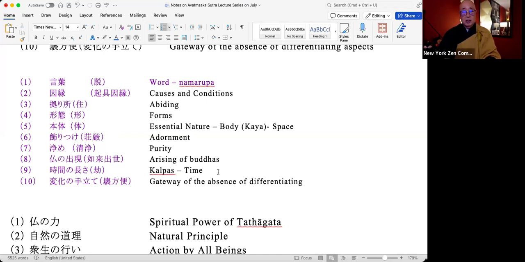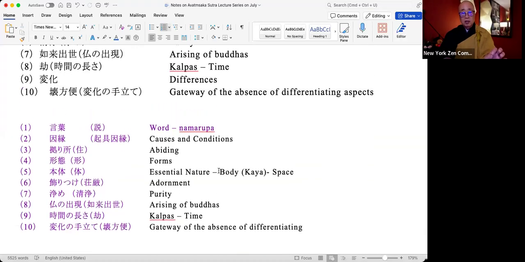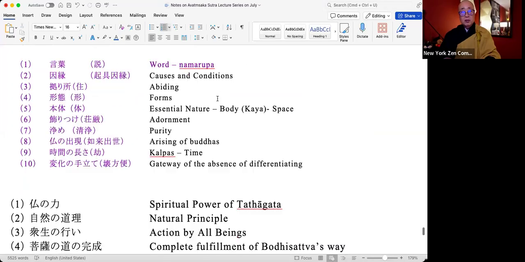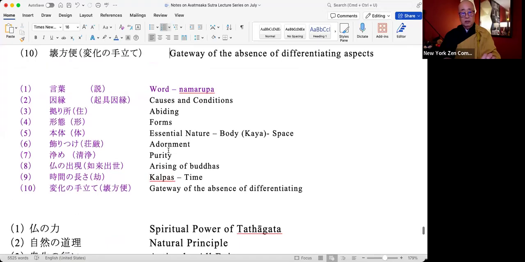Yes? And then there's a sense of time. Now, instead of having 9 and 10 in 80 version as differences and gateway of absence of differentiating aspect, the last one in original 60 version is same word.